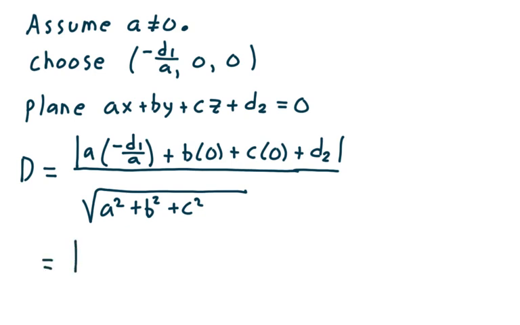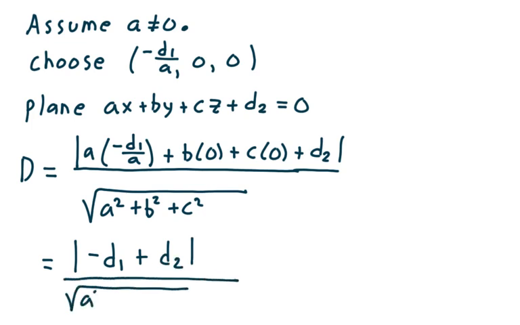And this is the absolute value of negative D1 plus D2 divided by the square root of A squared plus B squared plus C squared. And notice I'm going to get the same answer if we assume A is not 0.